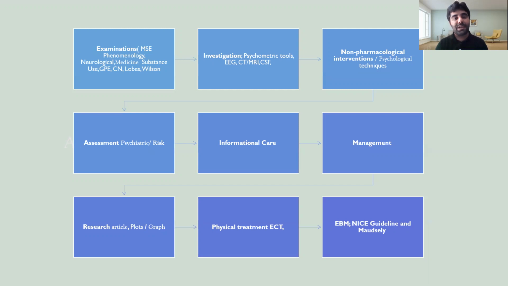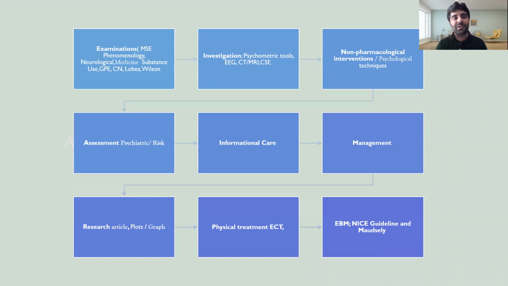The second area that you should familiarize yourself with for the TOACS exam is investigations. This includes psychometric tools, the common psychometric tools for depression, anxiety, OCD, psychosis, and sometimes they give psychometric tools for the assessment of personality like TAT or the Rorschach.